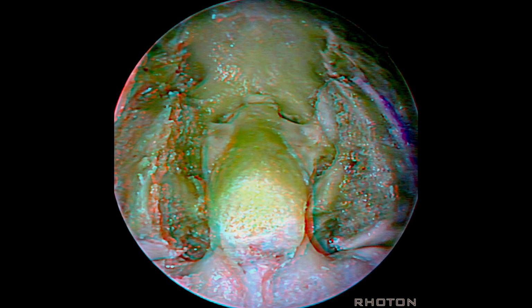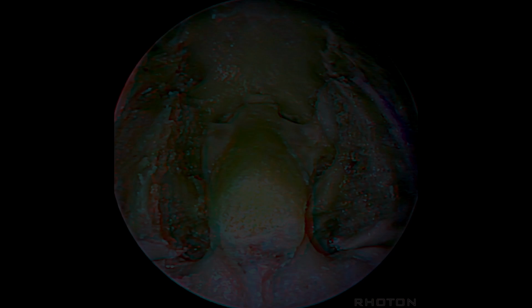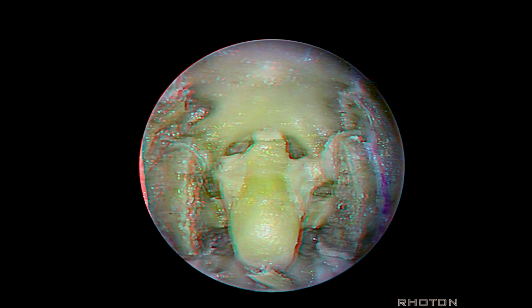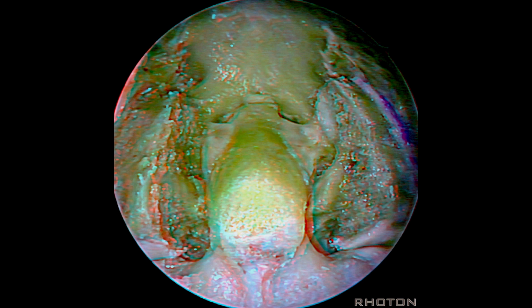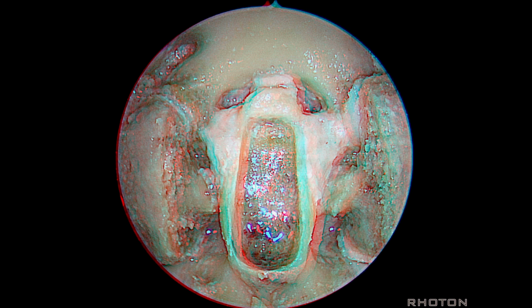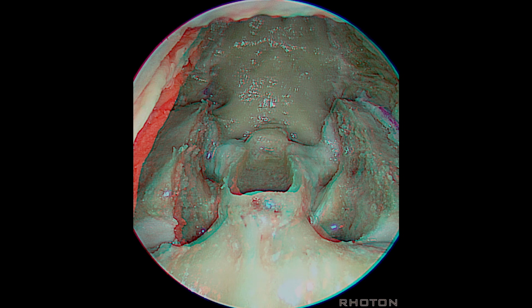While if you look transorally, you're looking at the base of the odontoid, and everything is foreshortened compared to looking at it straight through the nasal cavity. So you look upward. Here's drilling out the odontoid straight ahead, while if you look at the odontoid transorally, even looking upward with the endoscope, everything is foreshortened here.